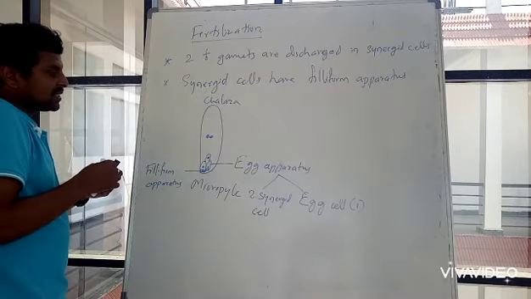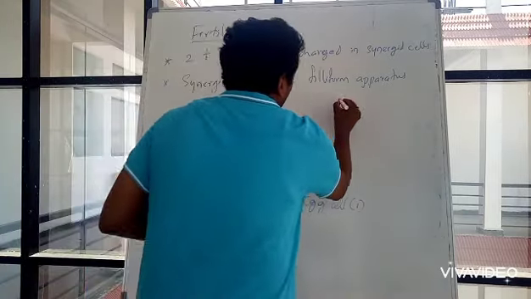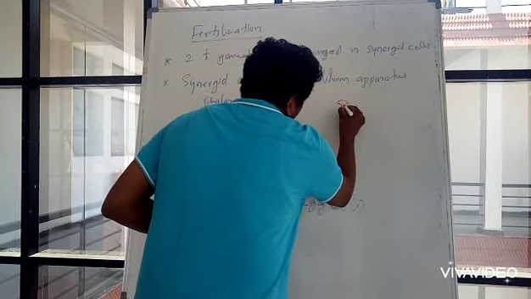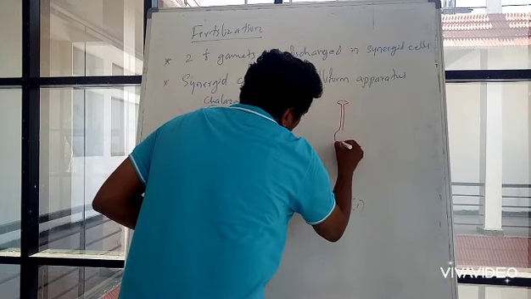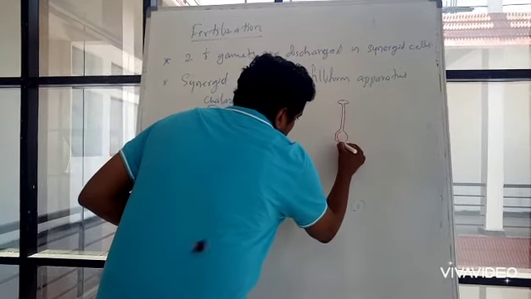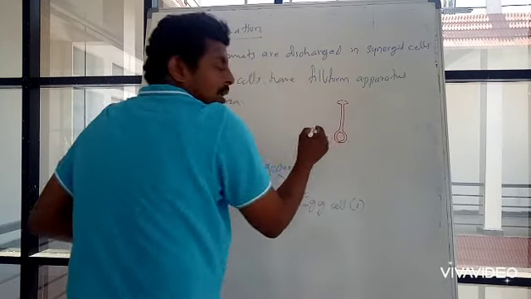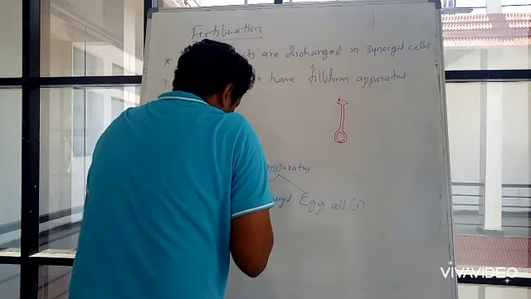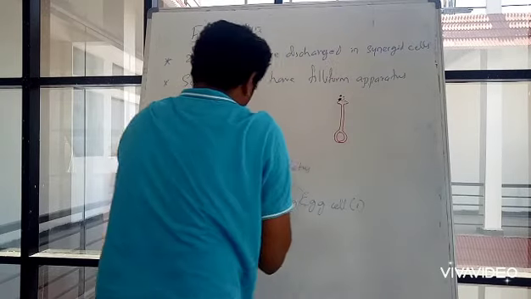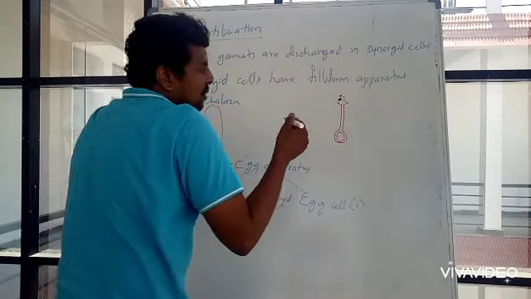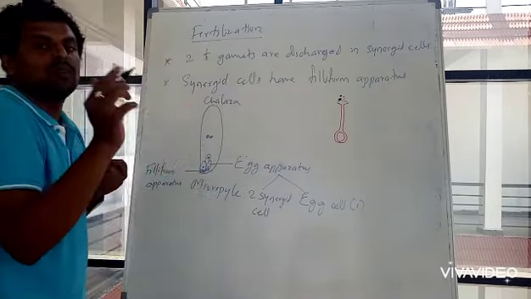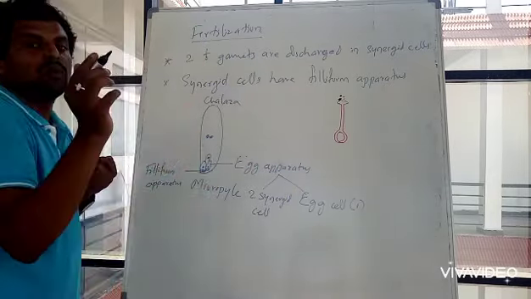Okay, I am just trying to tell you about the movement of the male gametes. I am going to draw one more diagram here. Here is the stigma portion, this is the style, and this is the ovary. Inside the ovary, the ovule will be there. Once the pollen falls on the stigma, drawn here in black color, two main processes take place.